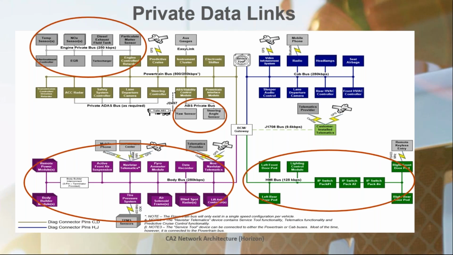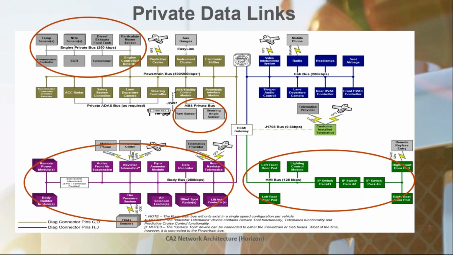Another private is our body builder data bus, in the lower left. Some of the smart modules, such as the RPM that I had mentioned earlier, remote power module, may communicate on this body builder data bus. It's 250,000 bits per second, and it is also J1939.